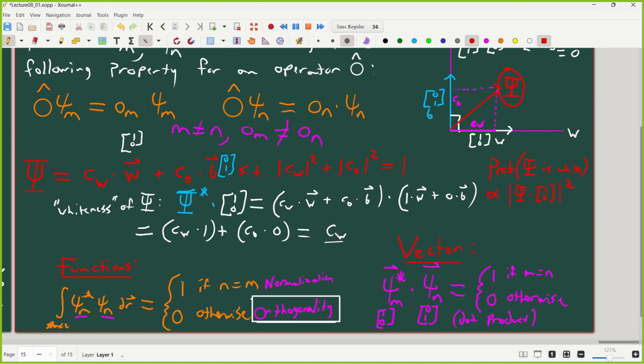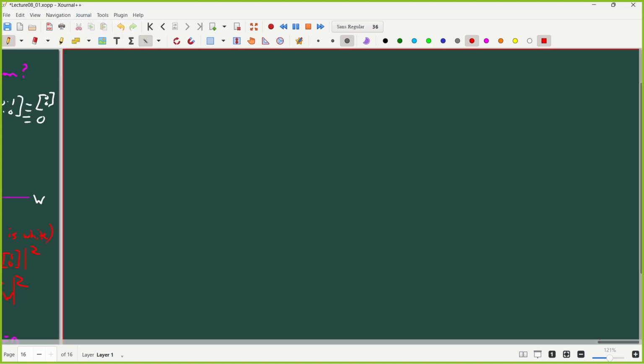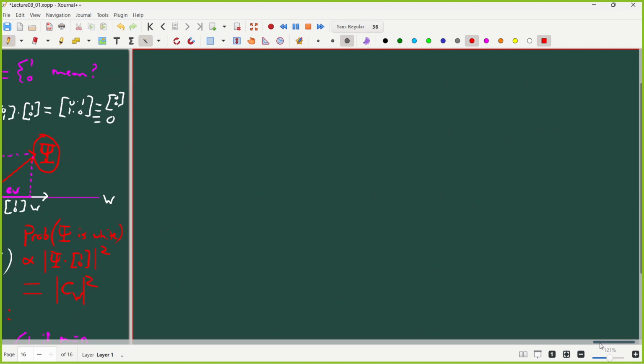Remember, we always take psi squared. It's the length of that part of the vector, the square of it, right? And that's just the absolute value of CW squared. Okay, so the coefficients on the vector tell you the whiteness and the blackness. And what that means is when you take the square of them, that tells you the probability of them being white or black. I know this is a lot of math, but it's very simple.